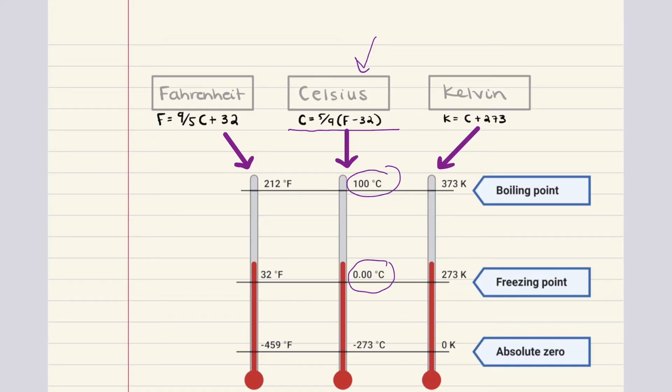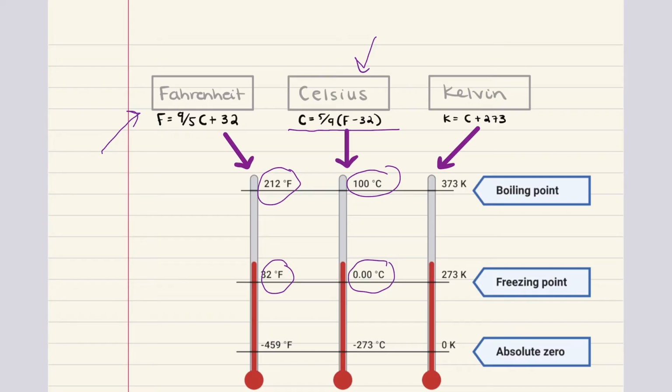Now, in contrast, the Fahrenheit scale is most commonly used in the United States for non-scientific purposes. On this scale, water freezes at 32 degrees Fahrenheit, and it boils at 212 degrees Fahrenheit.